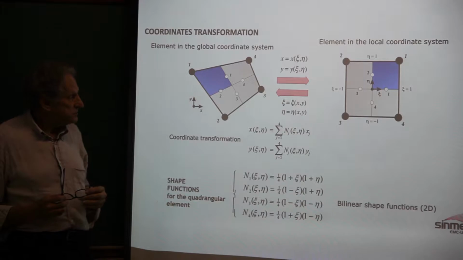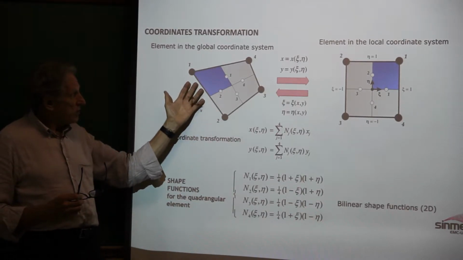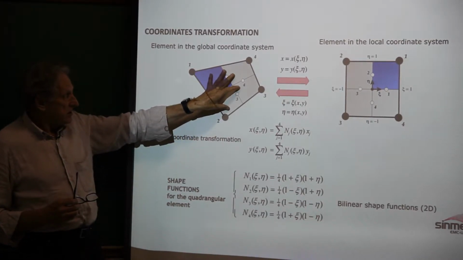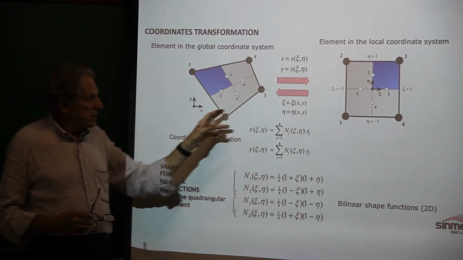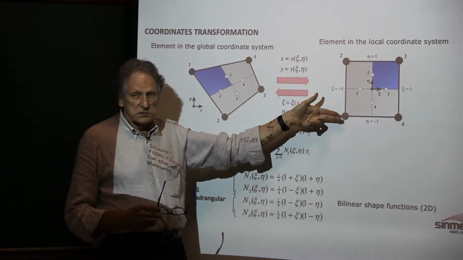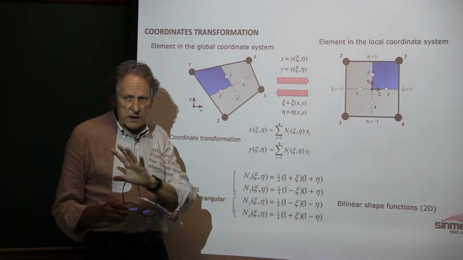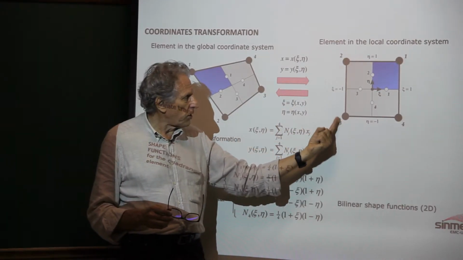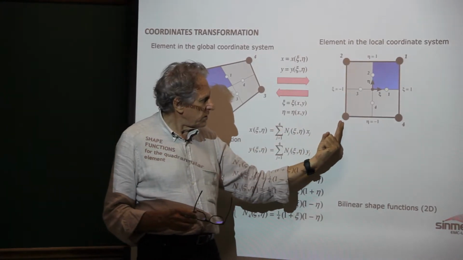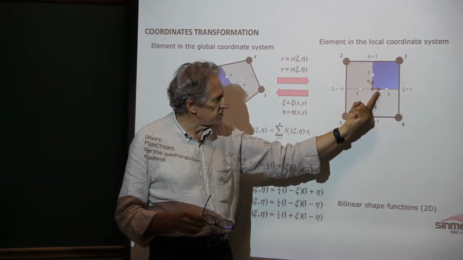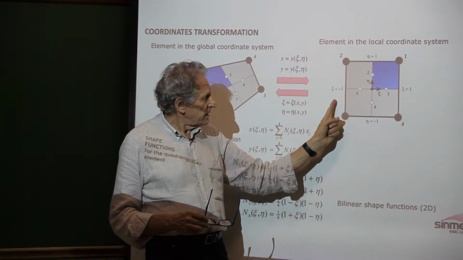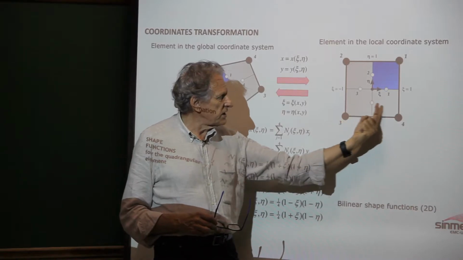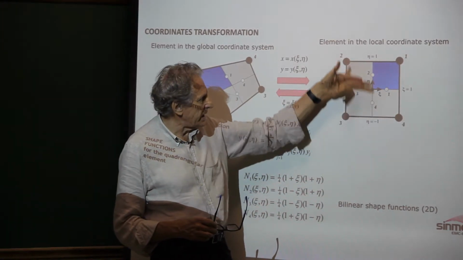So what is done is a transformation of this real region, mapping it to a local transformed domain, where xi and eta are the new coordinates, with xi equal to -1 and +1, and eta -1 and +1.